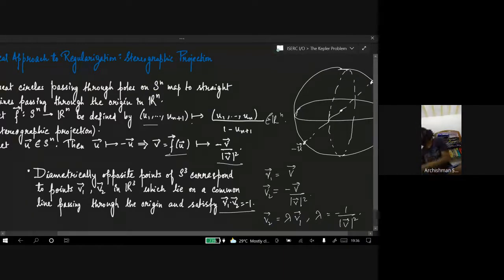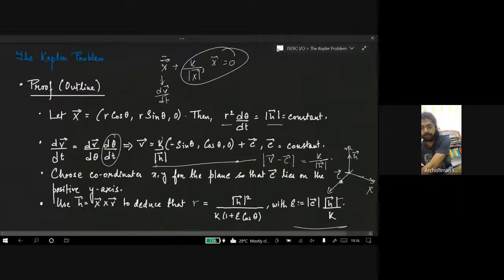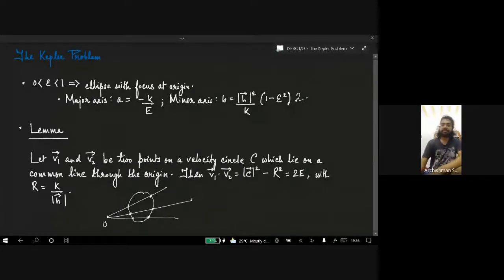Now let me go back a second and show you something that might be familiar. You have this particular criteria v1 dot v2 equal to minus 1, and v1, v2 lie on a common line through the origin. Let me go back to this lemma, which says that for a velocity circle, if I take two points that lie on a common line through the origin, then this satisfies v1 dot v2 is minus 2e.